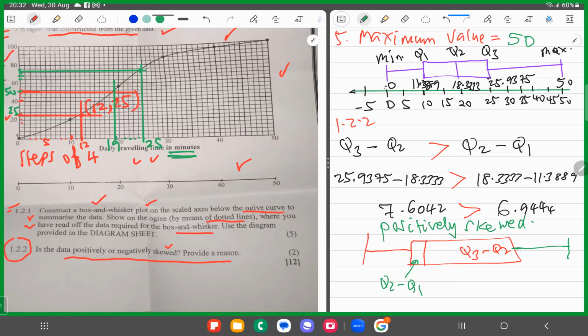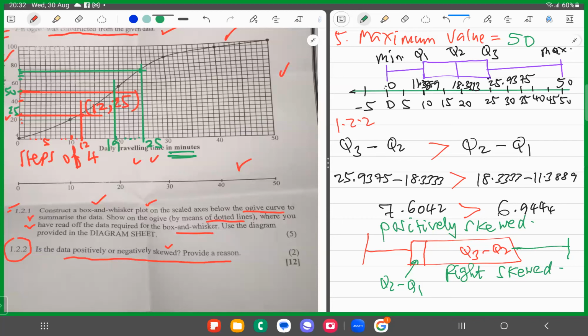If it is positively skewed, what else do you say for the positive skewness? If you don't want to use the word positively skewed, you say it is right skewed. Right skewed. Can you say it's right skewed or positively skewed?